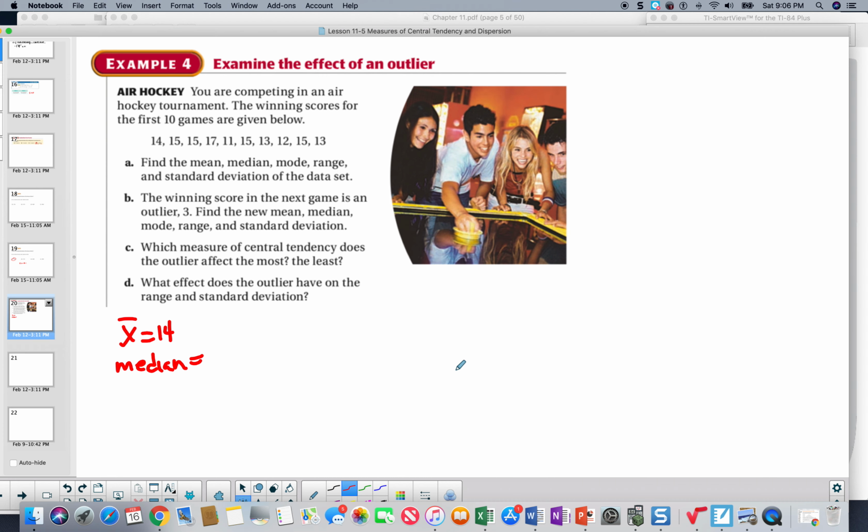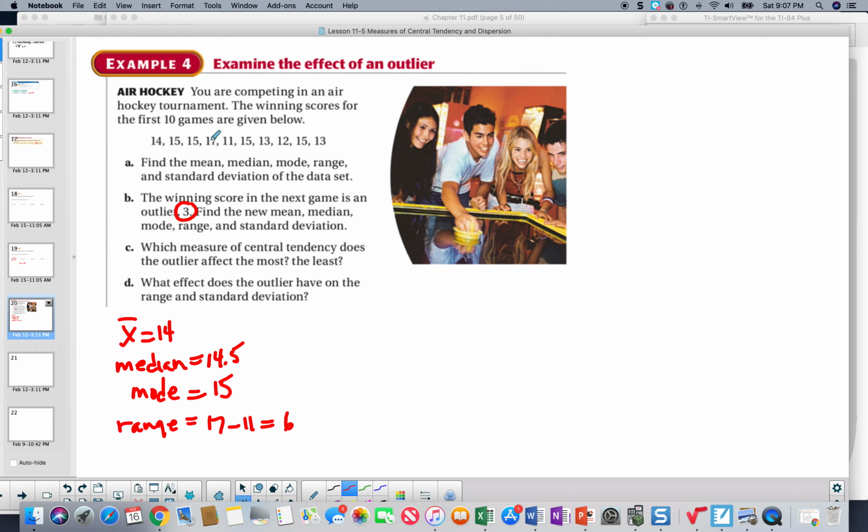Median was 14.5. My mode, the most frequent score, looks like it's 15. And my range is, the smallest number was 11, the largest number was 17, so 17 minus 11, and that's going to be 6. Now what happens if I add another number into the data?